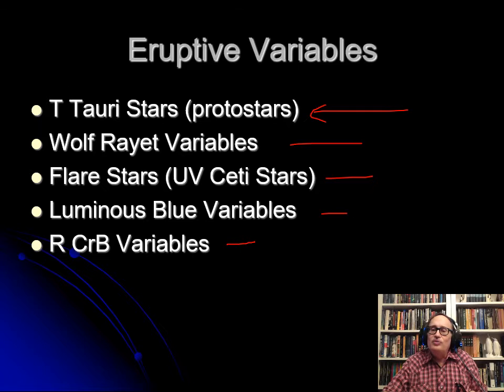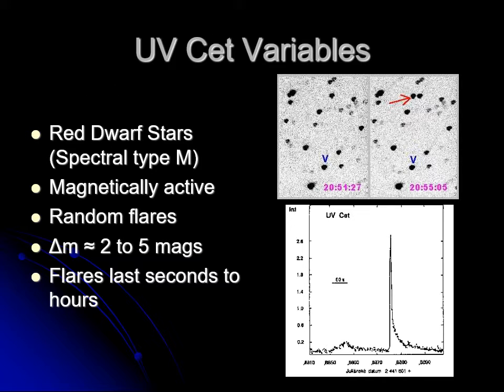Okay, so the UV Ceti stars tend to be these red dwarf stars. They get brighter, they get dimmer, but they typically are these little bitty dim red dwarf stars. And in this picture on the left, you don't even see it. Then suddenly it's there. They can be 2 to 5 magnitudes brighter with this giant flare.